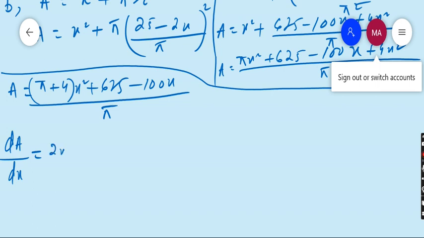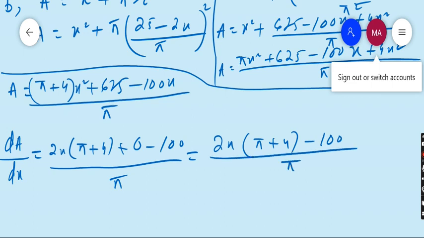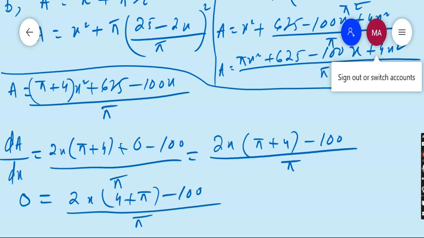So 2x π plus 4 plus 0 minus 100 upon π is equal to 2x into π plus 4 minus 100 upon π. Replace dA by dx by 0. 2x into 4 plus π minus 100 upon π. This π should be multiplied by 0. It is 0.